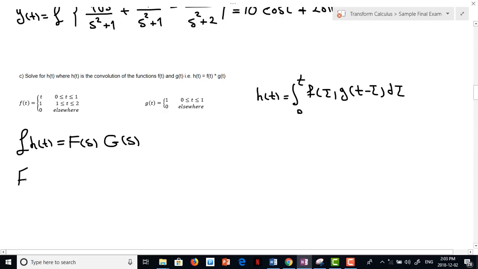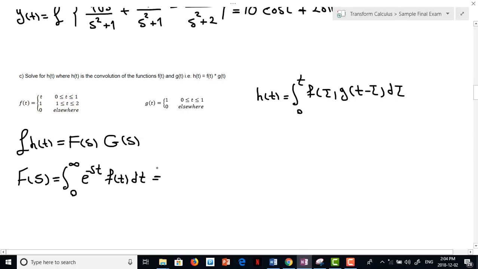Now we can easily find the Laplace transform of f(t) and g(t). The Laplace transform of f(t) is going to be equal to F(s). Based on the definition of the Laplace transform, it's the integral from 0 to infinity of e to the power of minus st times f(t) dt.